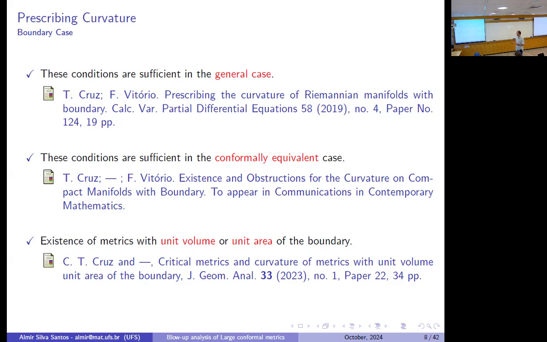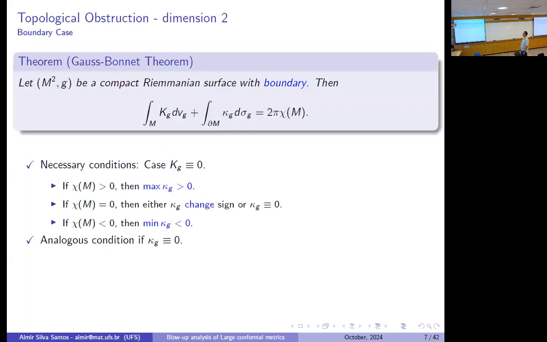In this case, it's in n dimension. Still, we have open problems here because we are studying only the case where one of the functions, on the manifold or on the boundary, is equal to 0. When you consider general functions, it's not solved yet.